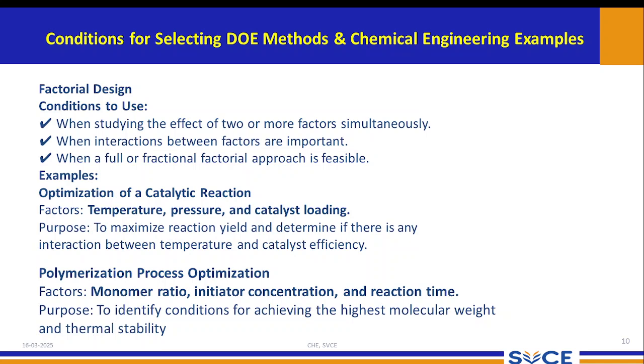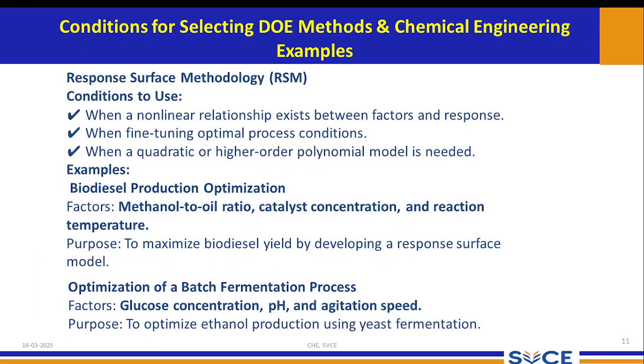Similarly, in the polymerization process optimization, the dependent variables are highest molecular weight and thermal stability. To achieve this, we optimize by varying the factors like monomer ratio, initiator concentration and reaction time. These are the independent variables. So highest molecular weight is a dependent variable, the maximum factor which we are looking for. In that case also we can go for a factorial design.